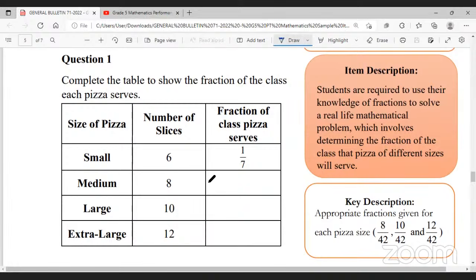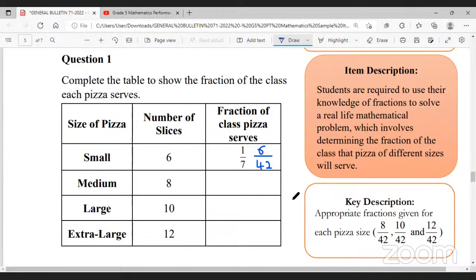So we can assume that this 1/7 was arrived at because in our description, we learned that there were 42 students in the class. So that's the whole, and we'll put 42 here. And if the number of slices is 6 slices, then we'll put 6/42.